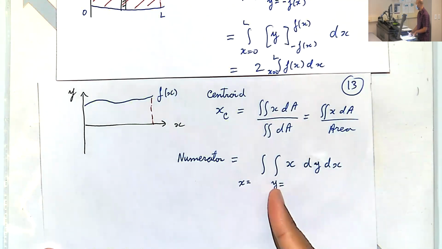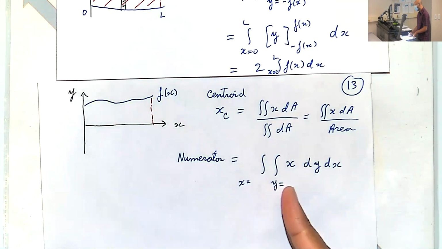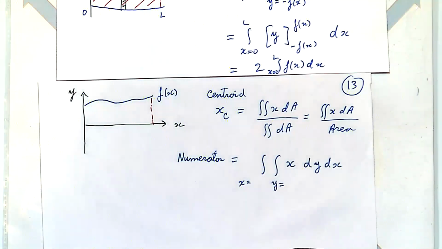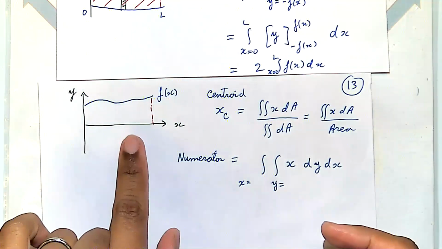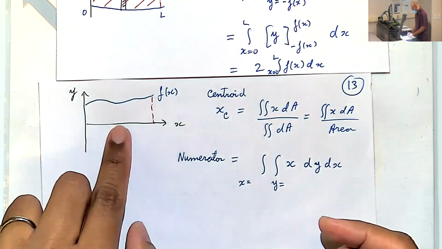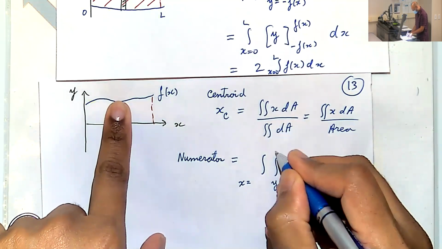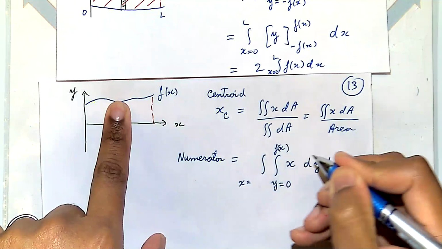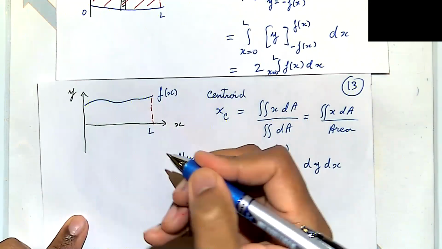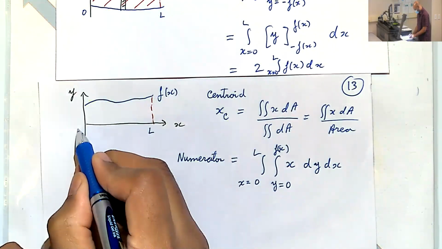What are the limits now? Zero to f of x. Since we are talking about this enclosed area, we go from 0 to f of x. And 0 to L. If I mark this L, this is 0 to L, right?